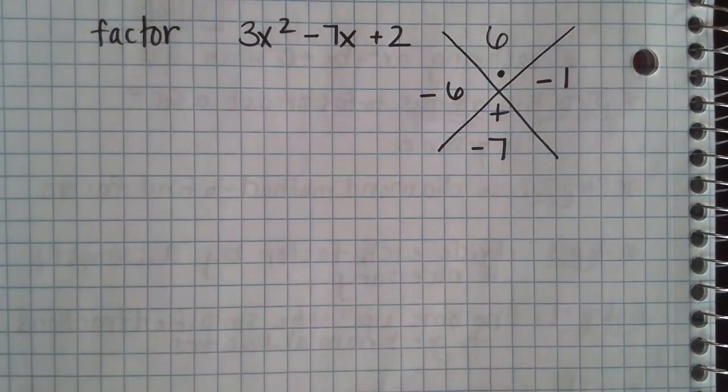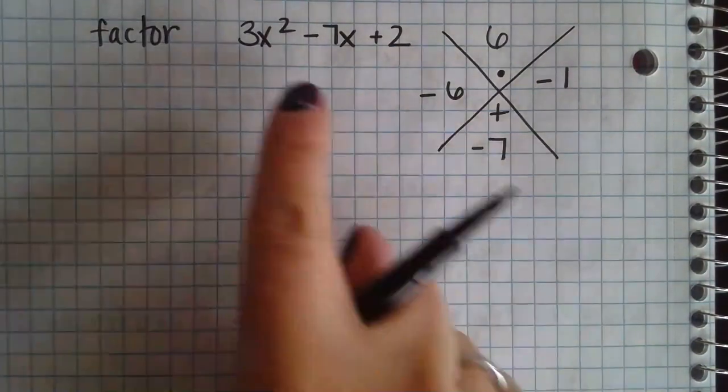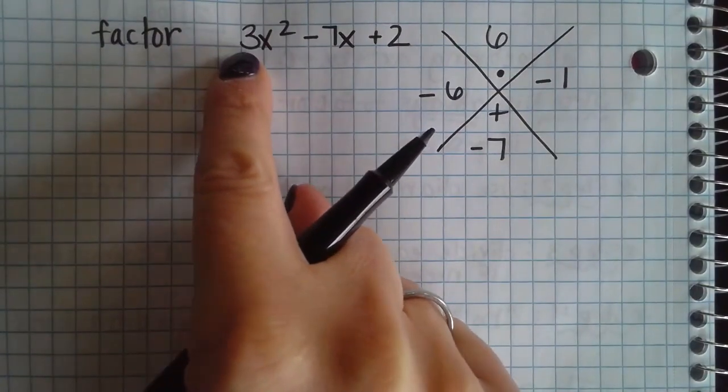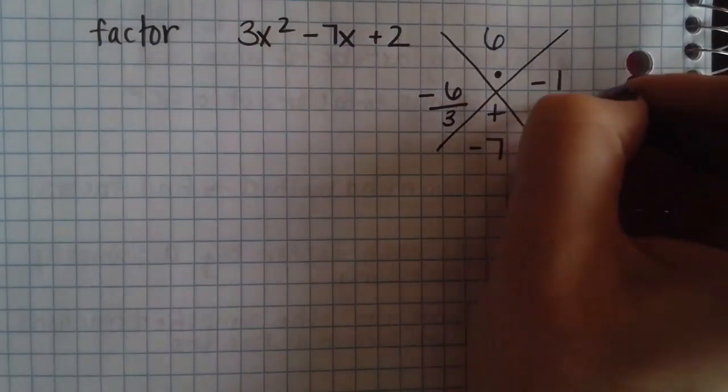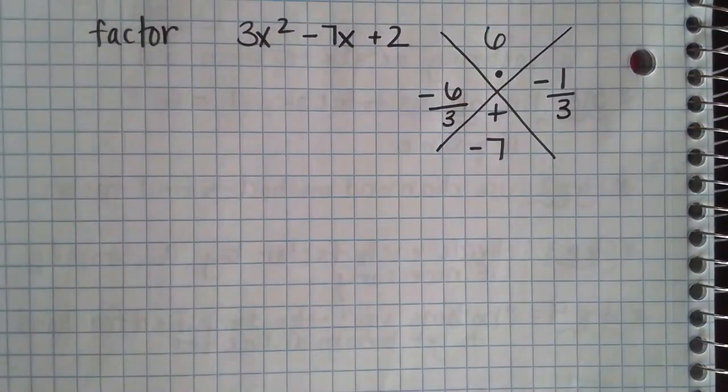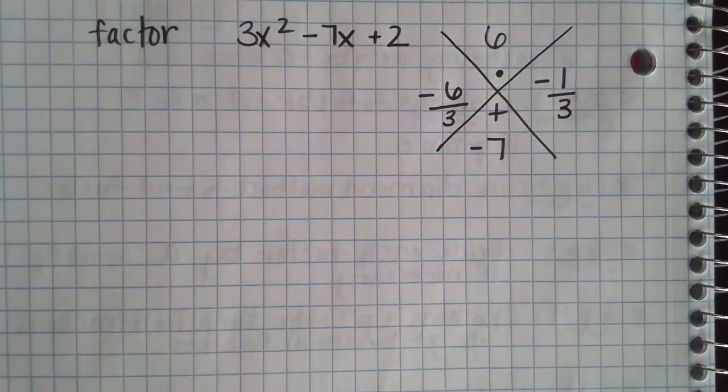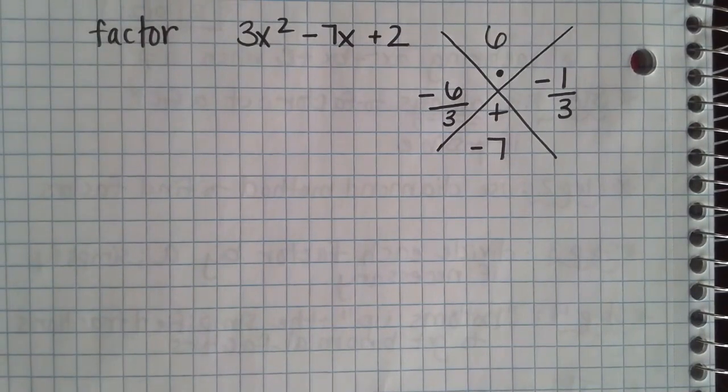Alex? Yep, and what do we divide by? 3. We divide by A. We are going to divide both factors by A, in this case, which is 3. The negative will always stay with the numerator. Okay? It will always stay with the numerator.